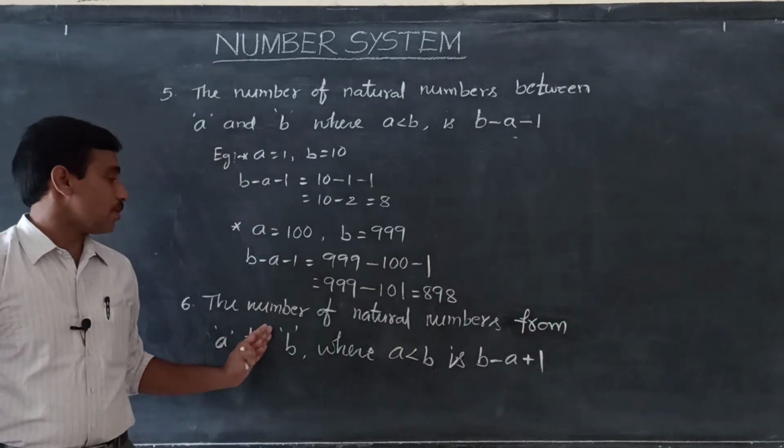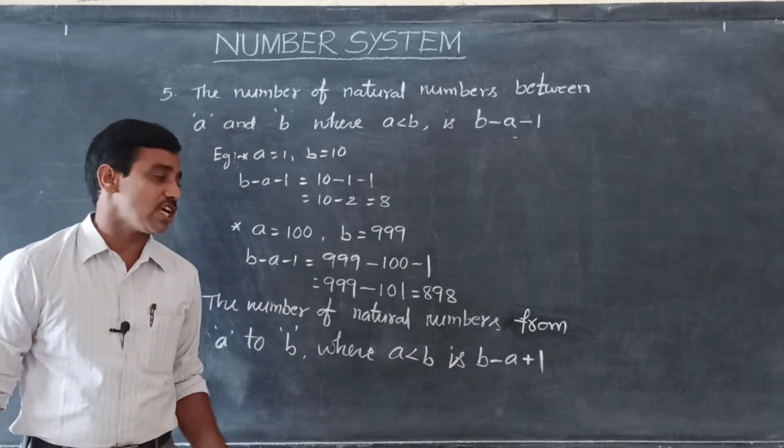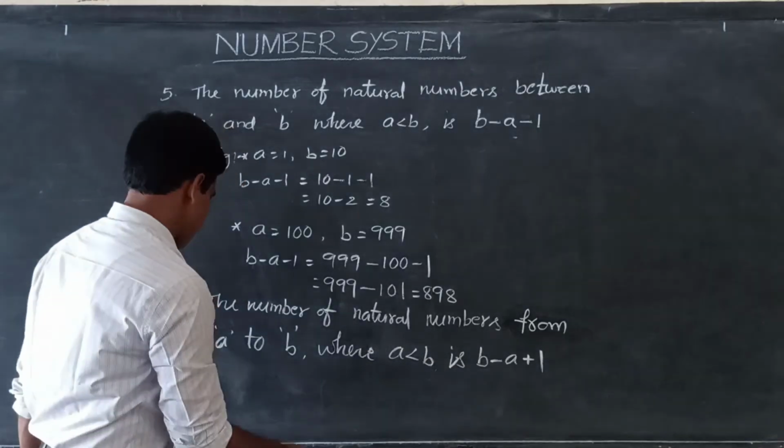Right? The number of natural numbers from A to B where A less than B is B minus A plus 1.